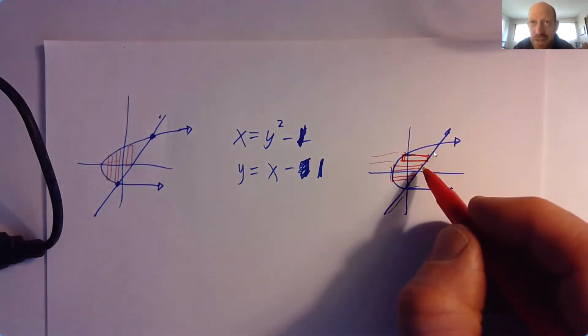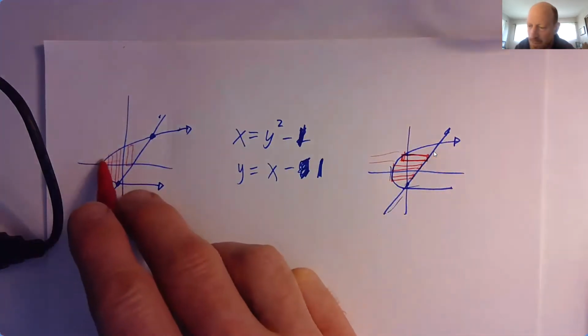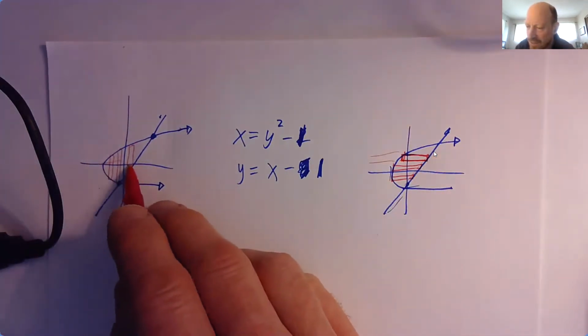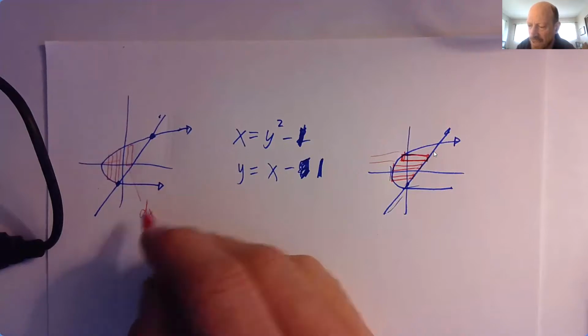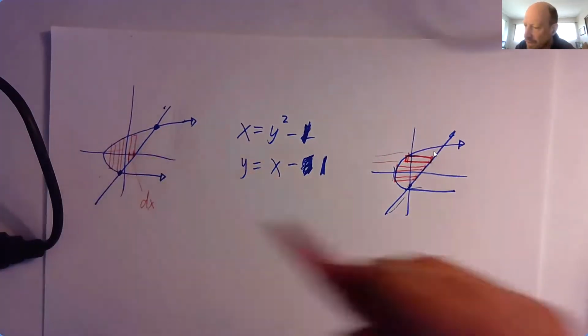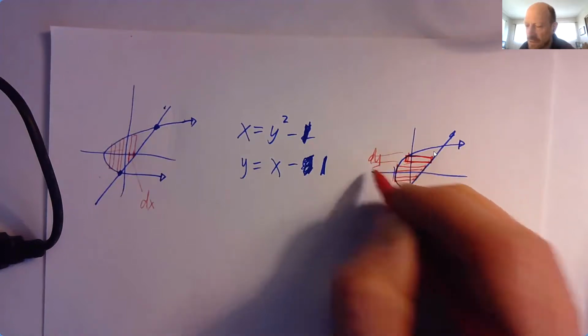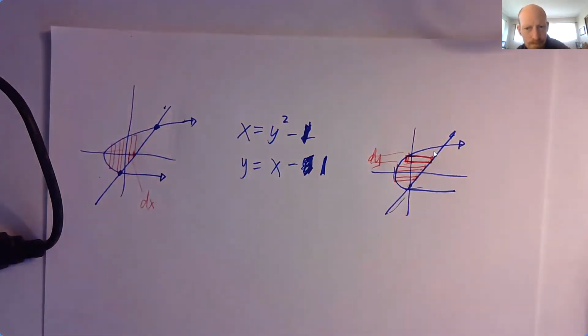It's not going to be dx. Dx is like these problems here, like this thickness, because it's a little piece of the x-axis. This is a little piece of the y-axis, so that thickness is going to be dy.